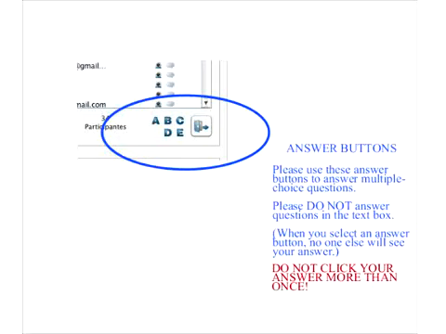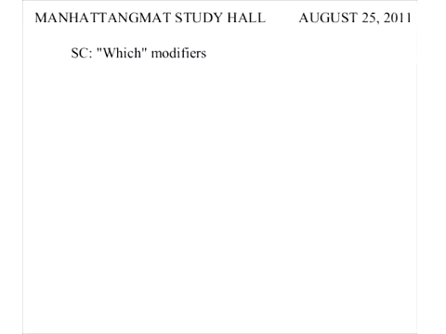Again, for those of you who are latecomers, the main theme of these problems is which modifiers. They're going to be sentence corrections, all of which contain the word which in some way, shape, or form. I anticipate that there will be some side discussions of various types, but all of these problems are connected by having a which modifier in them at some point.